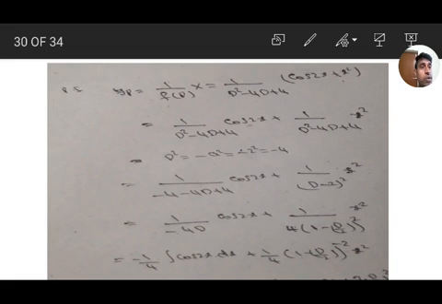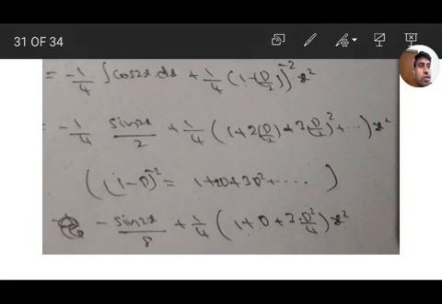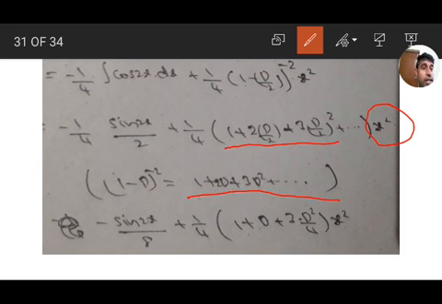Expressing this by using the formula, 1 minus D whole to the power of minus 2 formula is 1 plus 2D plus 3D square, that is we get 1 by 4, 1 plus 2 into D by 2 plus 3 D by 2 whole square plus so on. Here we have x square only, so take up to D square, because D cube, D to the power of 4 means third order, fourth order, fifth order derivative of x square equal to 0. So we have to take only D square, these three terms only.